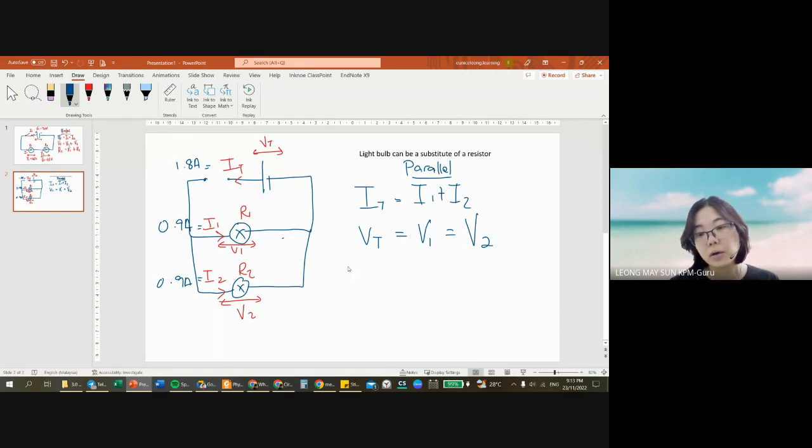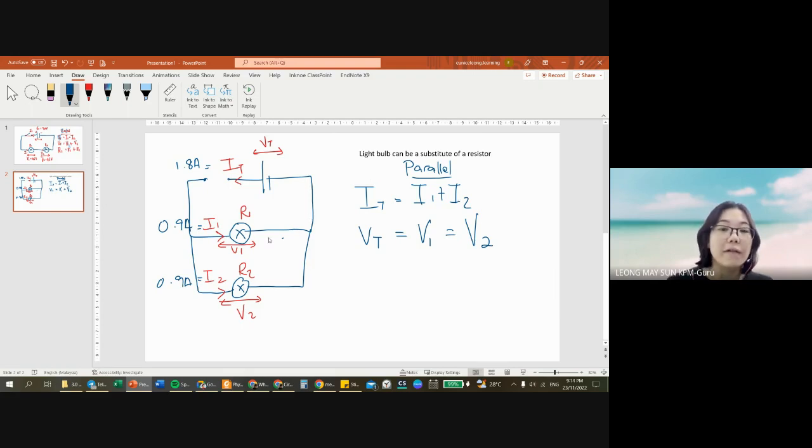So what about the resistance? For your information, I'm using a very simplified way to tell you the connection between current, potential difference, and resistance, because there is actually a derivation, but that derivation is not part of your syllabus. That's why I did not use the derivation to show you. I used the simulation to show you the reading.